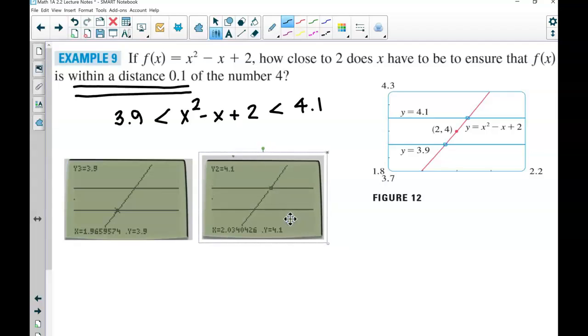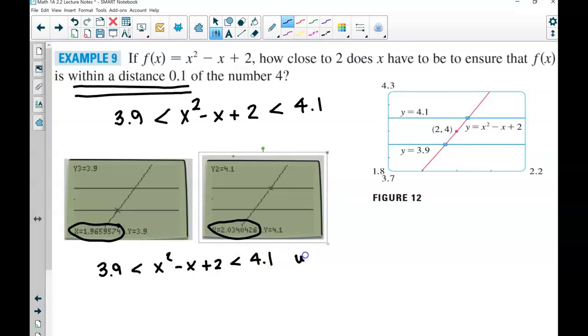Okay, so what we've determined here is the value of x here and the value of x here at those particular points. So we can say that the function x squared minus x plus 2 is in between 3.9 and 4.1 when the values of x are in between what two numbers?